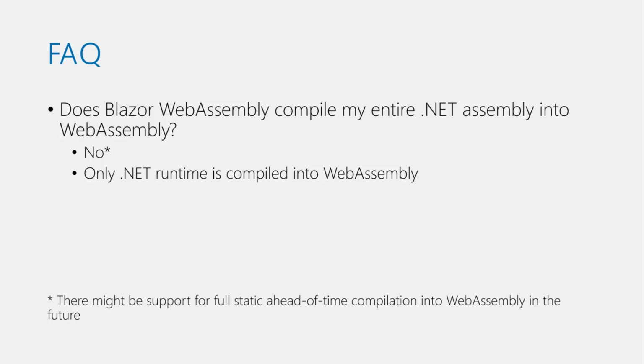Right now they're targeting .NET 6 to do static ahead-of-time compilation into WebAssembly, so you don't have the overhead of running the .NET WebAssembly runtime and then your application on top of that, with tons of abstraction layers. There's room for improvement of execution there. But as of right now, no, it doesn't compile the entire .NET assembly into WebAssembly. It's already pre-compiled and given to you so that you can go ahead and deploy that out.